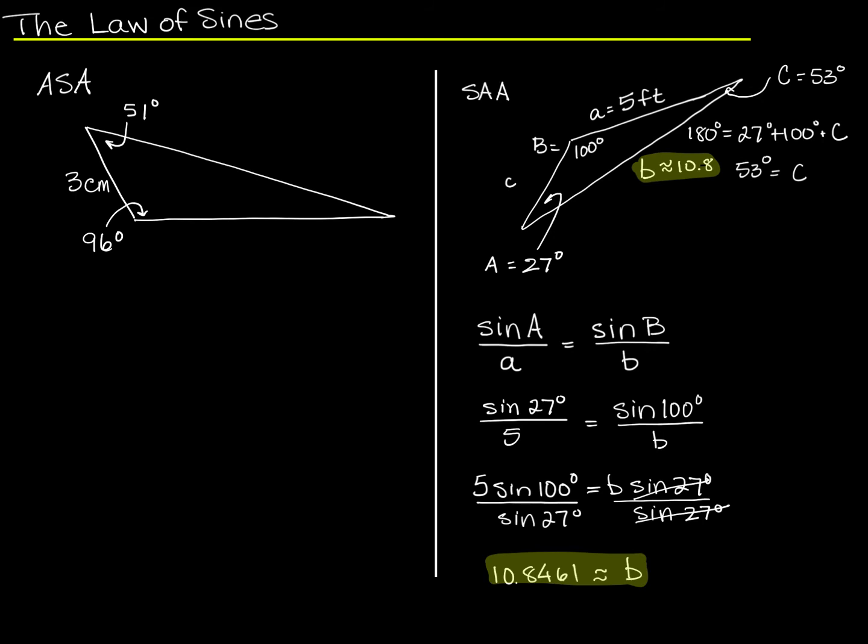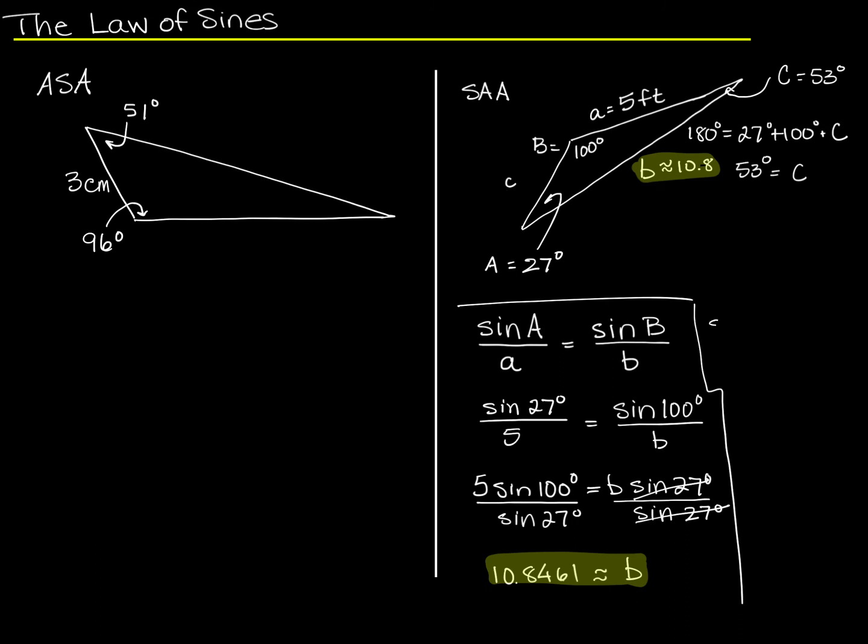I have angle C, but I don't have side C. And then I have a matched pair in A, right? I have a known pair and a pair with one piece missing. That's how I determine whether I'm going to be using the law of sines or not. Let's cordon this off, and let's use the law of sines again to find side C.